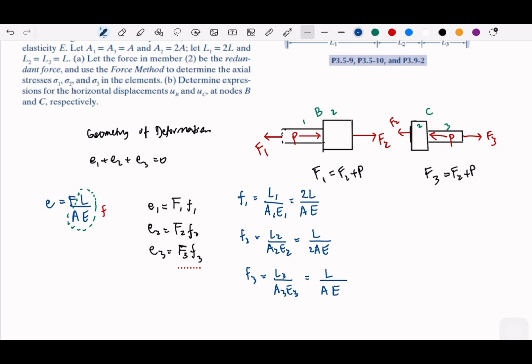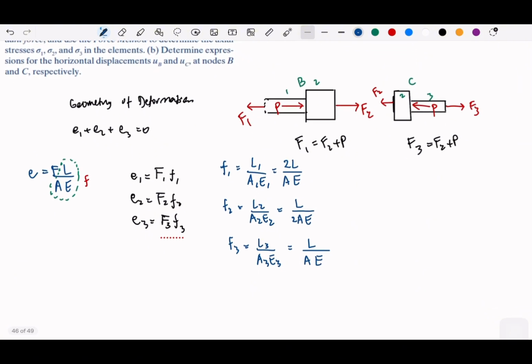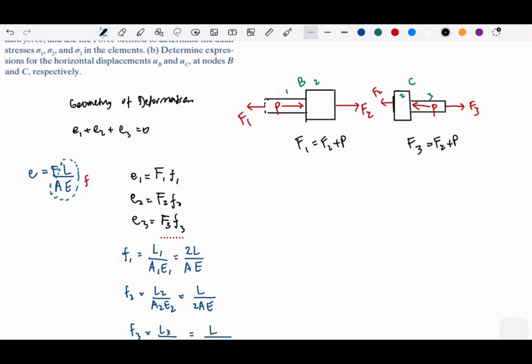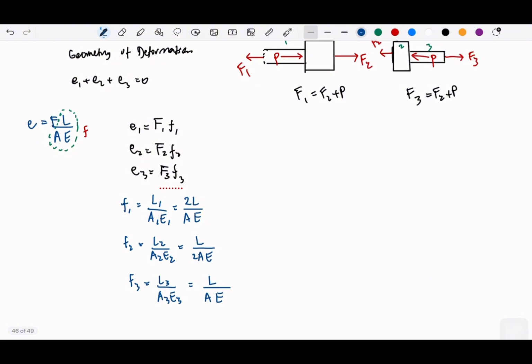Now substitute. So F1 is F2 plus P. So we can write here the component. I think I will write the component on the downside here, and I will substitute the F1.